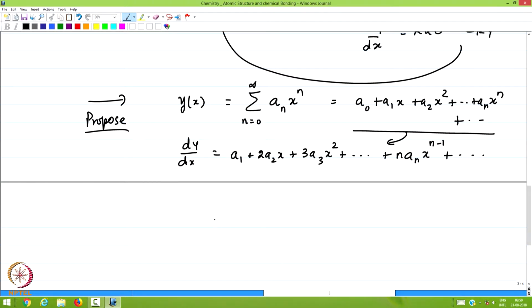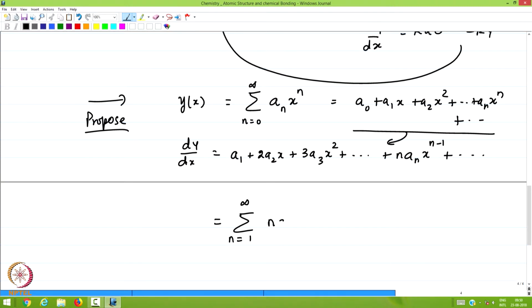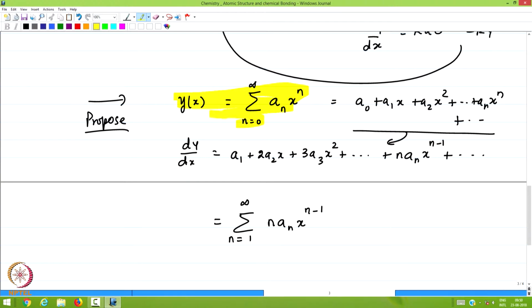This can be written in the form of a summation as n equal to 1 to infinity of n a_n x raised to n minus 1. Since n equal to 0 does not contain any powers of x, the derivative of this term will get rid of the a_0, but every other term will have n a_n and will have x raised to n minus 1, and that is what I have written here.